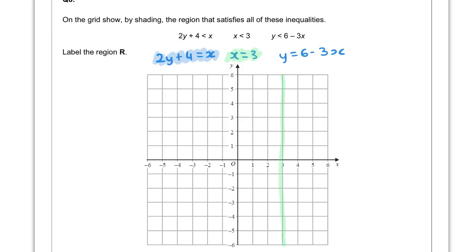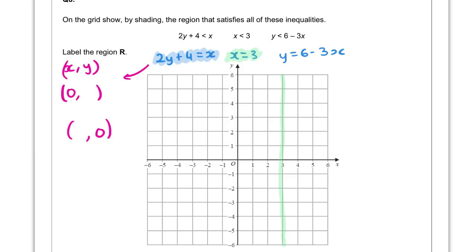If you don't want to rearrange this or figure it out, remember, to draw a straight line, you only need 2 coordinates, okay? And the only coordinates you need, you can use when x is 0 or when y is 0. If you think this is x, y, this method will never fail you.